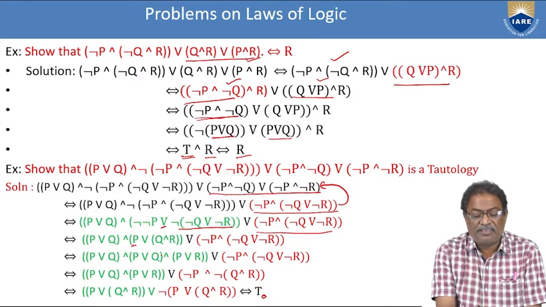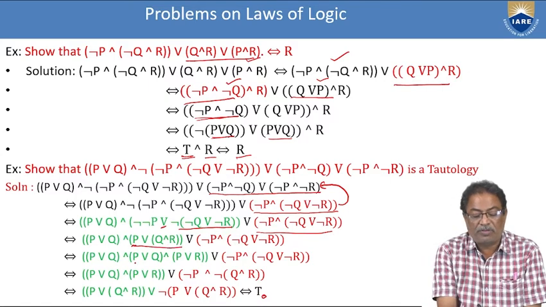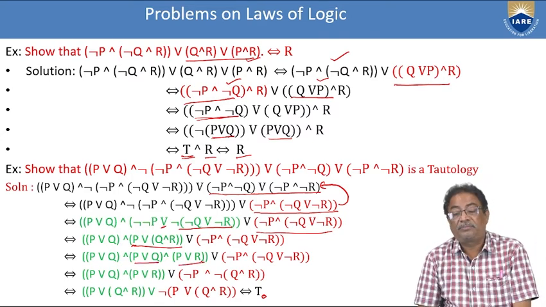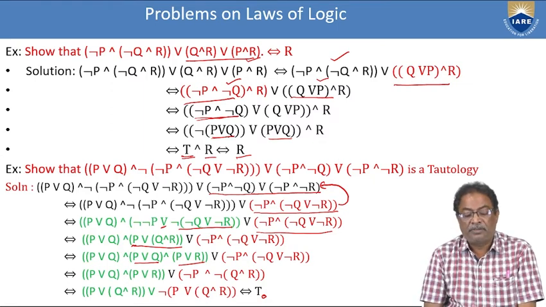Now, this is once again P or, applying the distributive property here. So P or Q, observe here, P or Q and P or R. The next term we won't disturb and it will be there as it is.